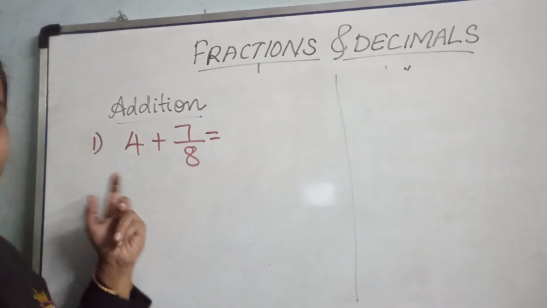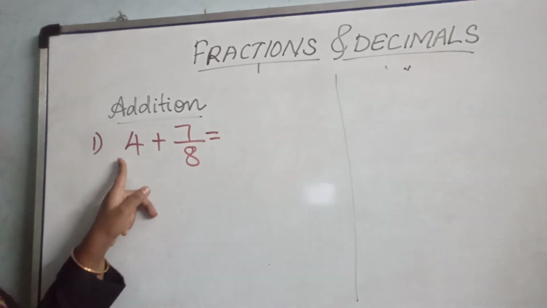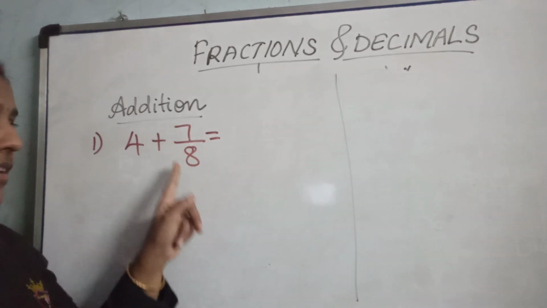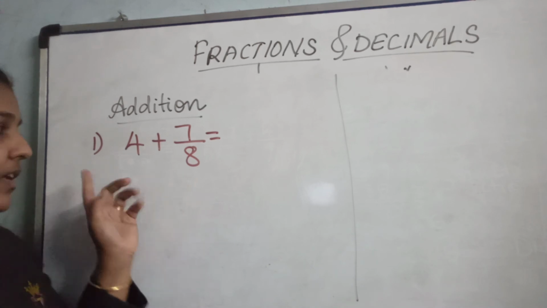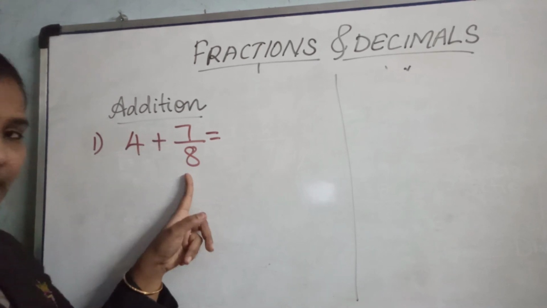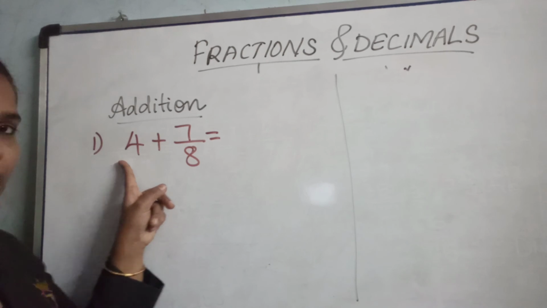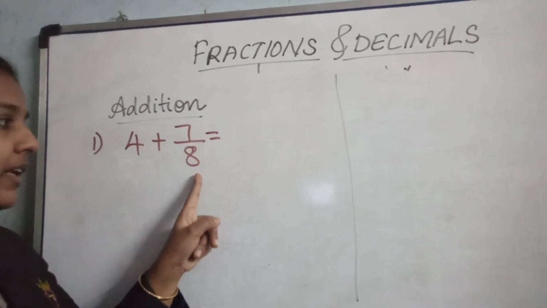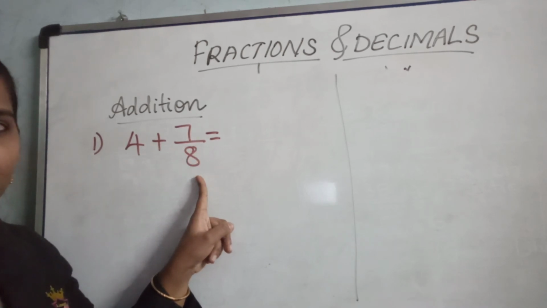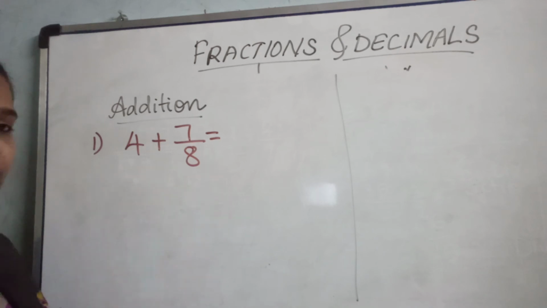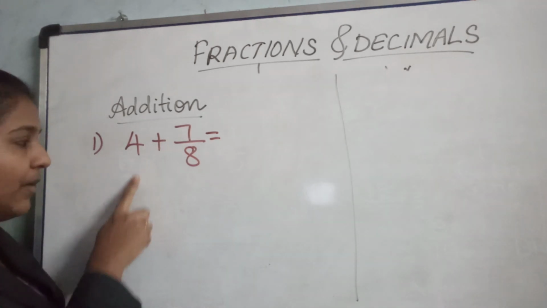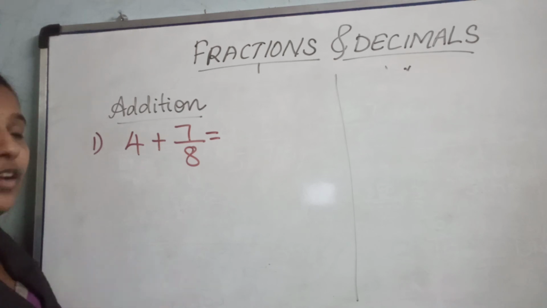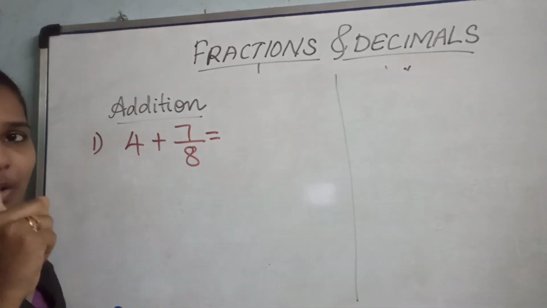Children, look at the next type of question. Here the question is 4 plus 7 by 8. Okay, how to answer this one? How to solve it? 4 plus 7 by 8. Here the first one is a whole number and the second one is a proper fraction, isn't it? So children, always remember, if nothing is given down here as a denominator, which means it is 1.